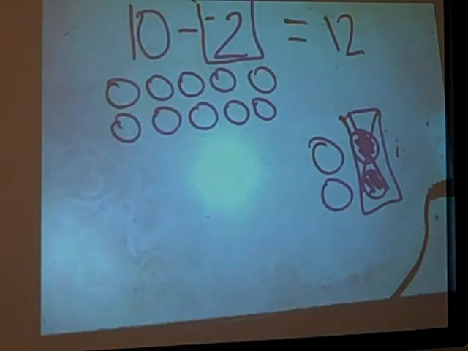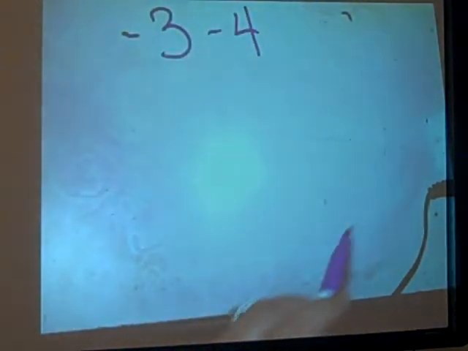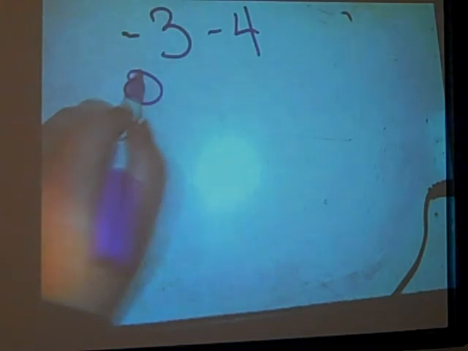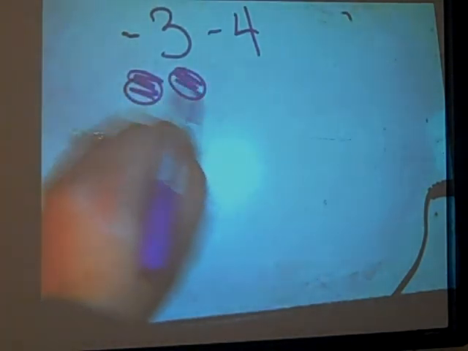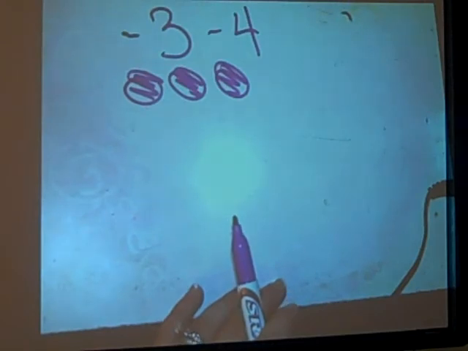Okay, the next problem was -3 minus 4. I need to see the first number only, so I'm going to see 3 shaded in circles. Then I need to determine, can I take away my second number or not? Well, my second number is +4.